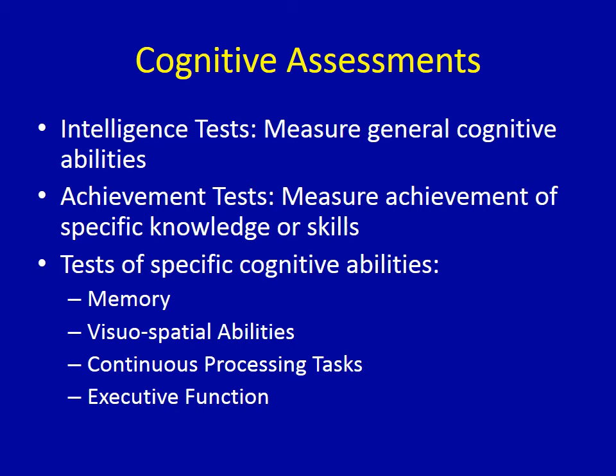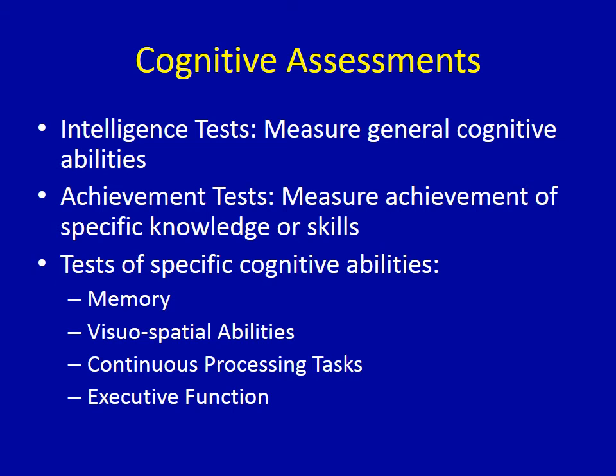Continuous processing tasks are tasks that are used to assess attention and impulsivity, so to evaluate if someone is having difficulty sustaining attention or difficulty with impulse control. And we also have assessments that can evaluate things like executive functioning, so the ability to plan ahead, and assessments of executive functioning can also assess things like impulse control.